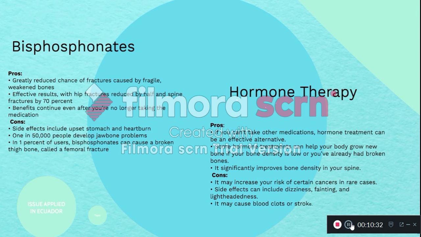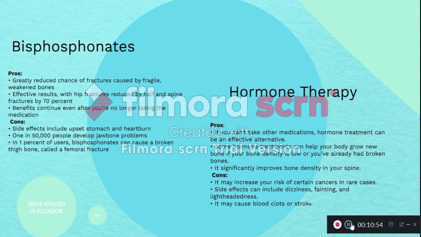And the hormone therapy. The pro is you can take other medication. Hormone treatment can be an effective alternative. Hormone treatment can help your body grow new bone if your bone density is low or you already have a broken bone.